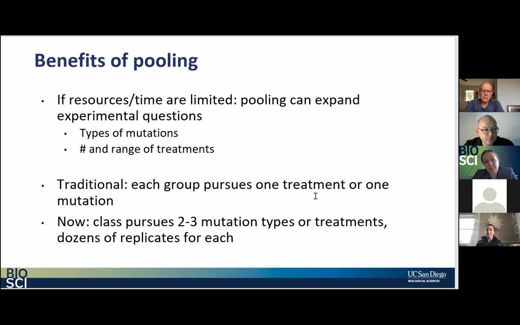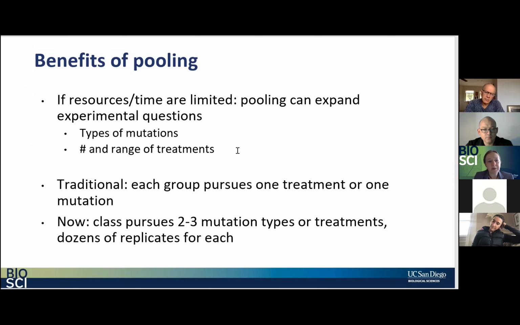So I've already touched upon this. Some of the benefits that I think we have when we pool data is, for example, in the context of our course where we're introducing mutations, instead of just having the class all examine one type of mutation, we can have multiple mutations being investigated, and the students can contrast the results from those multiple different types of mutations.